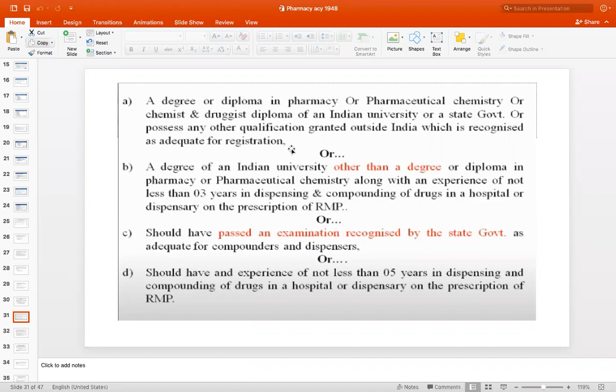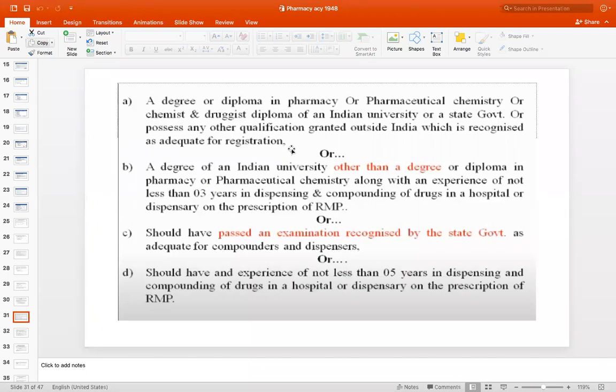At least by an Indian university or by a state university. Anything like RGUHS is a state university. So likewise, in any university of India, you can get that degree and get registered. Or if you are doing your education outside the country, it should be adequate, so that it can be registered in the Indian register as a pharmacist.